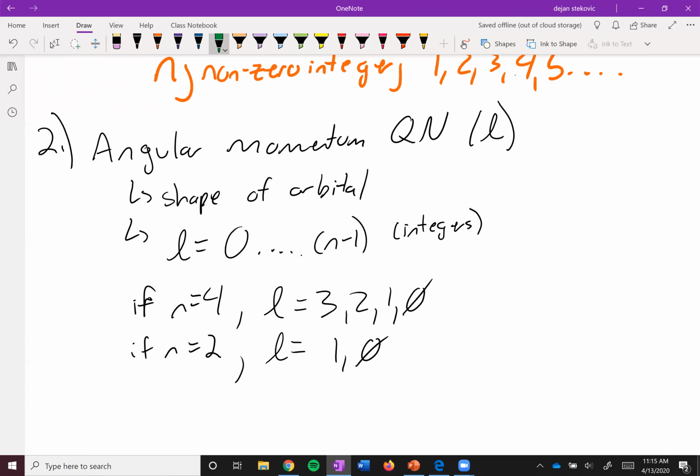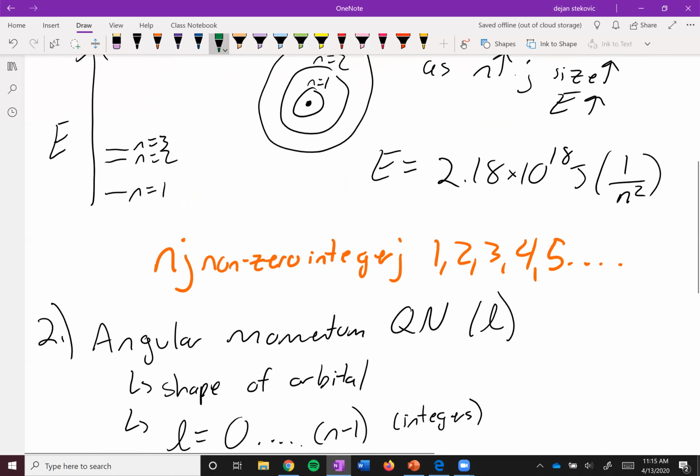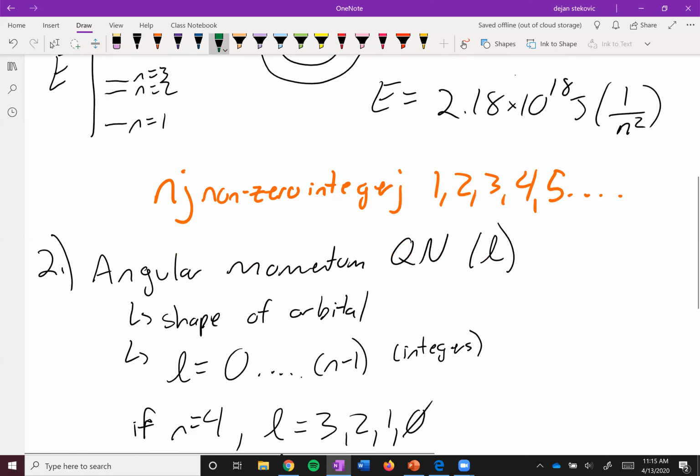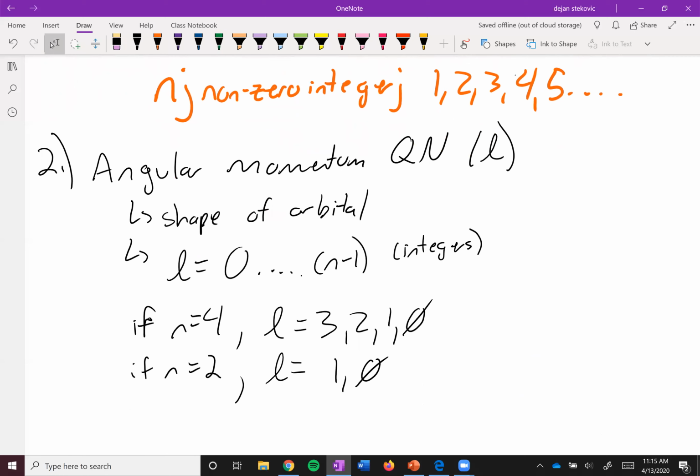When we're talking about the energy of the orbital, this n gives us the overall size and the overall energy of the orbital, but it's actually a little bit more complicated than that. If we think about n equals 1 here, n equals 2 here, and n equals 3 here, these energy levels actually can split.